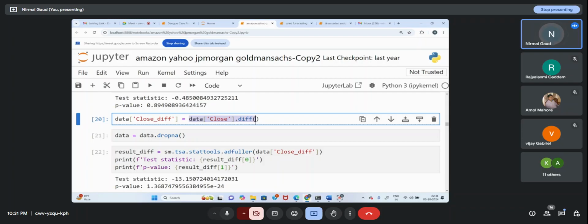ARIMA: AR is autoregressive, I means difference. So from close only, you have to difference. How do you calculate the difference?